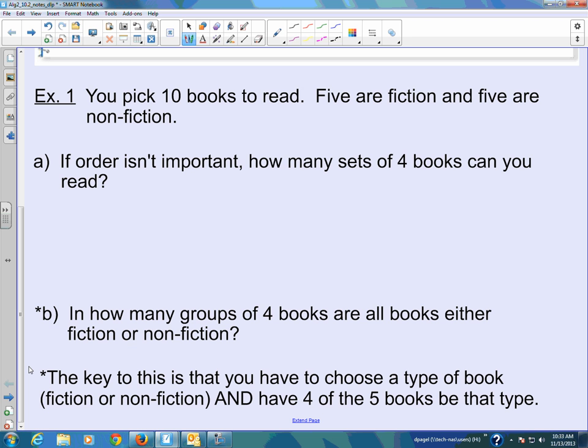This becomes a combination where we have n value of 10 and r value of 4, giving us 10C4, which becomes 10 factorial over 10 minus 4 factorial times 4 factorial.